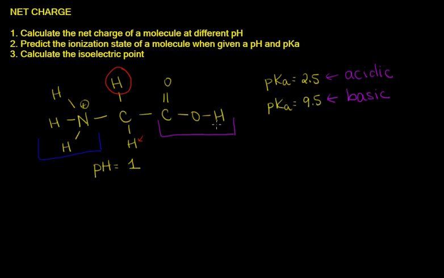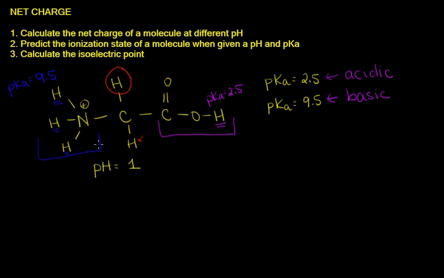So this proton's pKa is 2.5. And so the amino group's pKa, one of these protons, it doesn't matter which one, they're all equivalent. The pKa of any of these protons is about 9.5. Okay. So the acid gives up its proton first, and base, it takes a while because bases are more proton acceptors than proton donors. So keep that in mind.